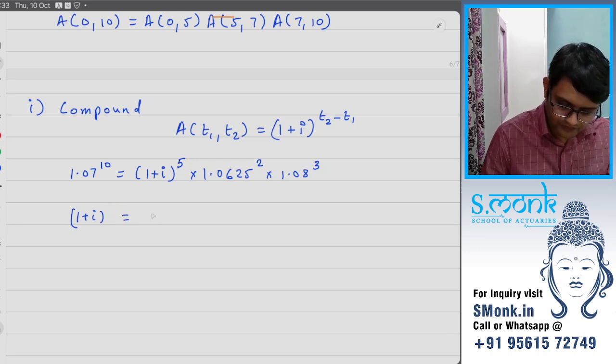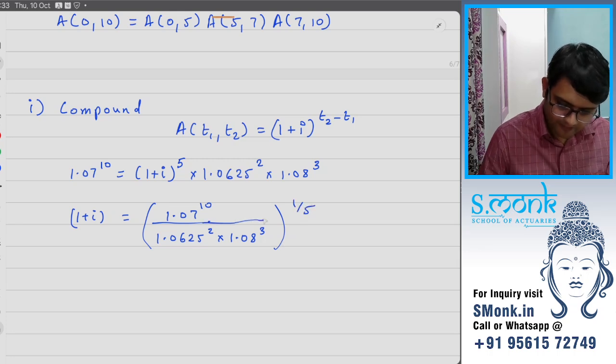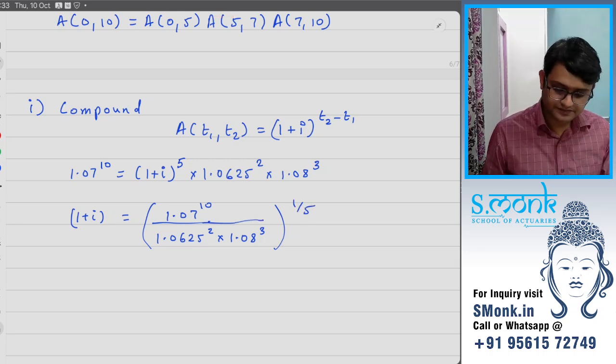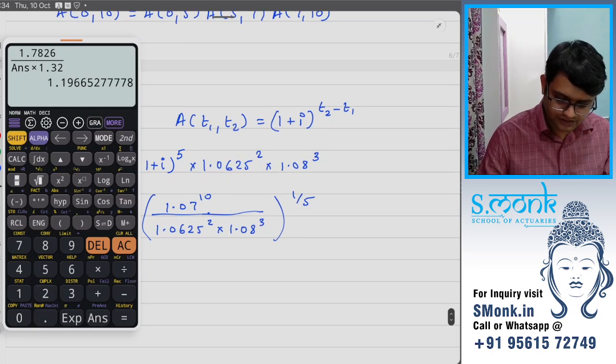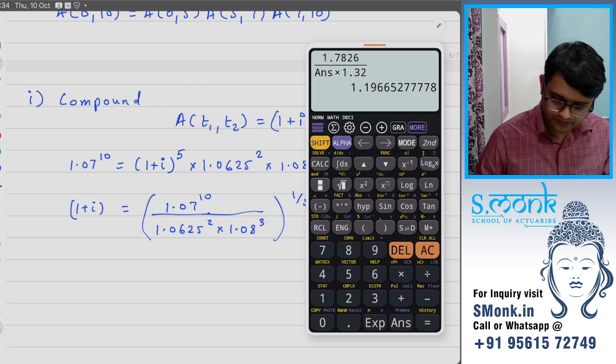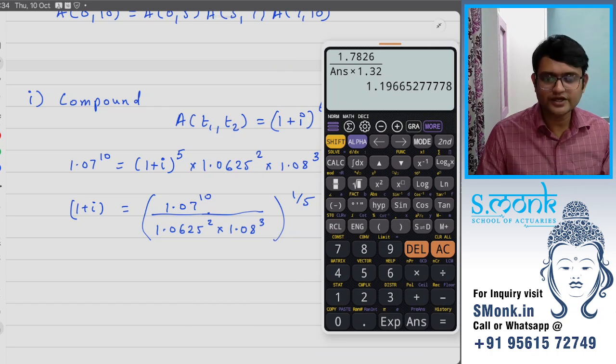So we can directly find this. We can directly make an equation in our calculator like this.